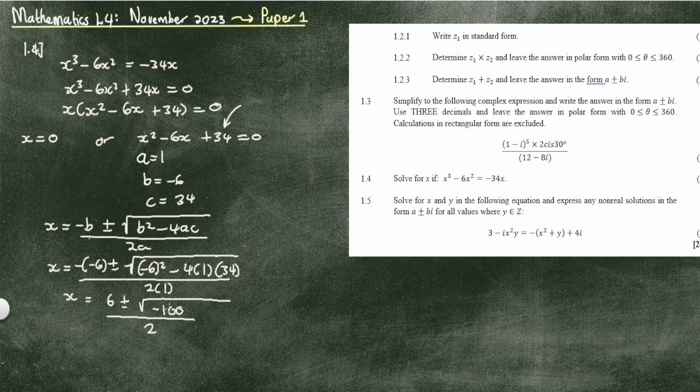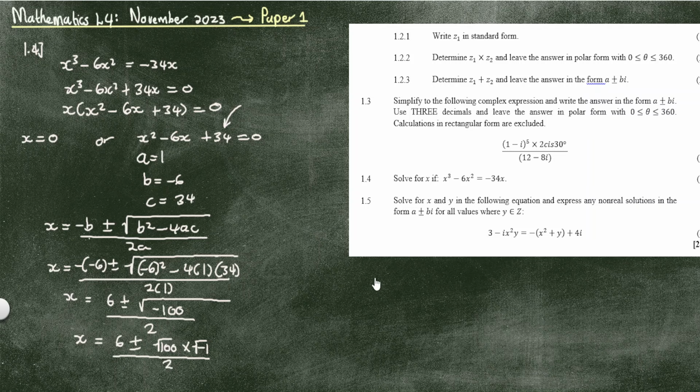Alright, so you can see that we have a complex solution now, because the square root of a negative number is undefined. But in our case, we're gonna have to rewrite this as the square root of 100 multiplied by the square root of minus 1. We're gonna split it like this, right?